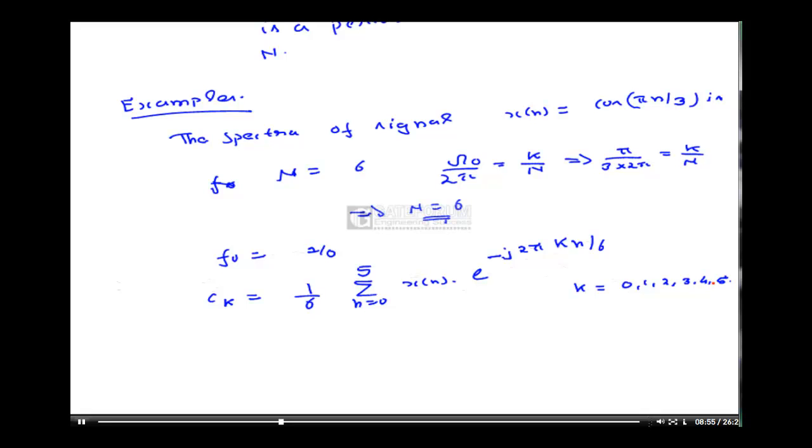Now xn can be written as 1 by 2 e to the power j 2 pi n by 6 plus 1 by 2 e to the power minus j 2 pi n by 6.